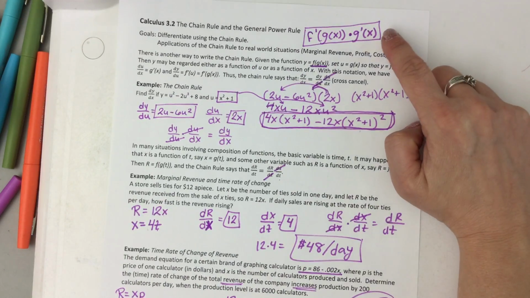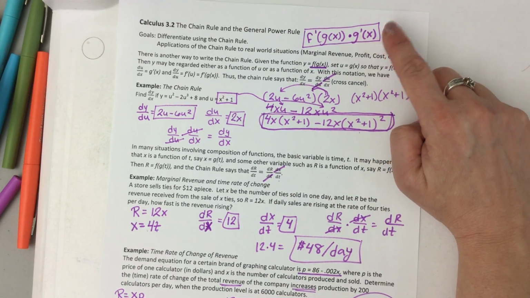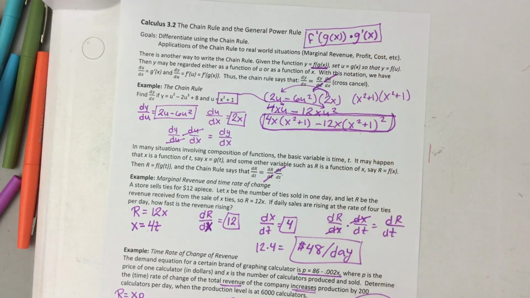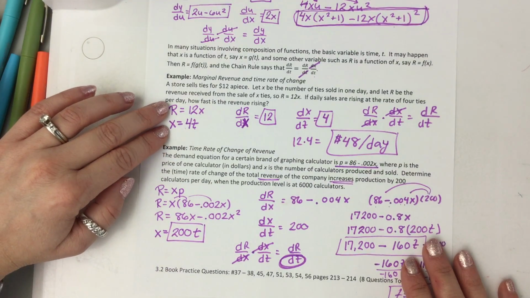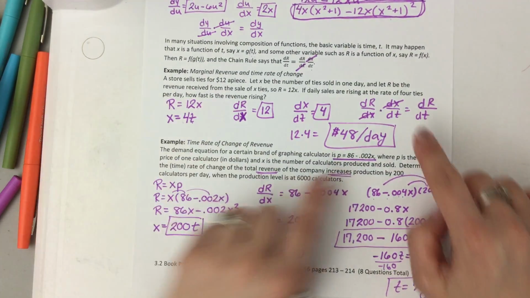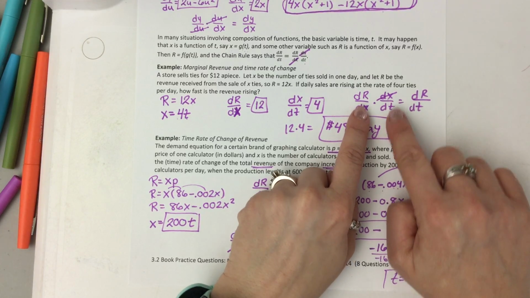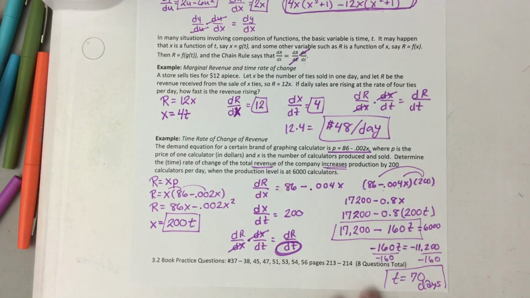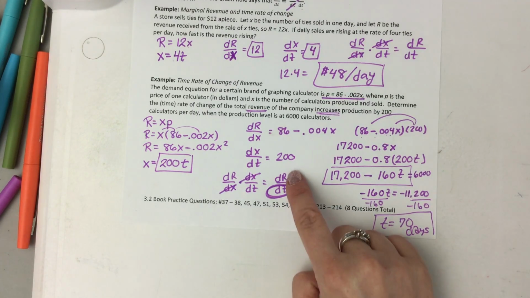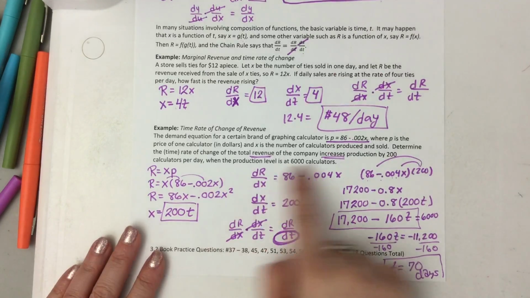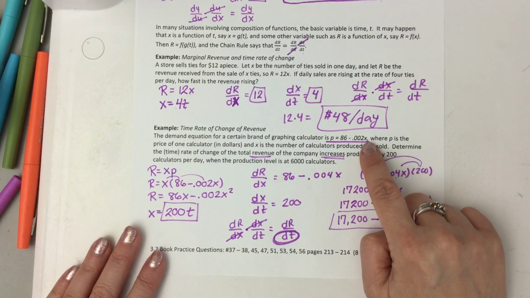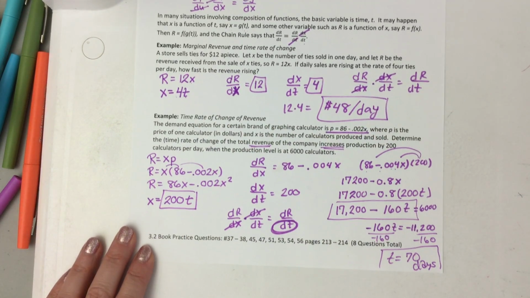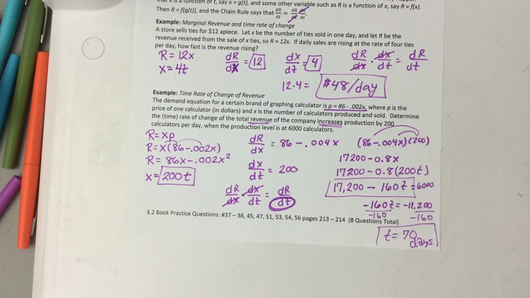Rather than using this formula like we looked at in the beginning of the section, being able to do two different variables, multiply them together, we can cancel out a variable, so you can do things like look at the revenue based off of time. Same thing here. We looked at the revenue based off of time, even though the information we had was based off of X. So the chain rule allows us to do some of those cool tricks.